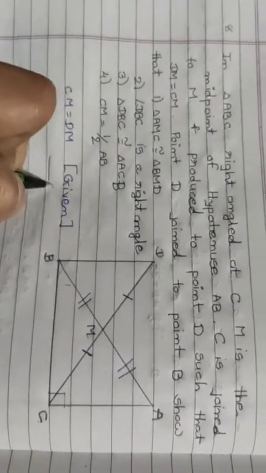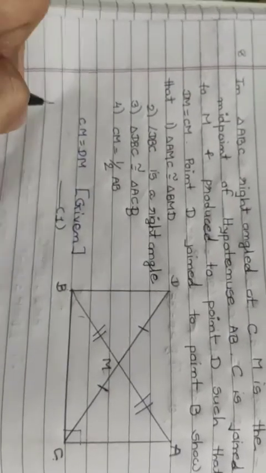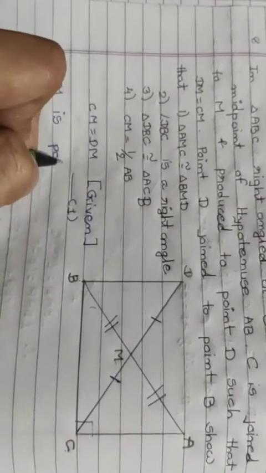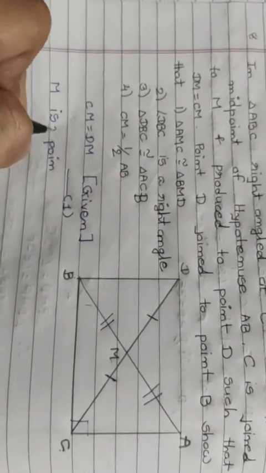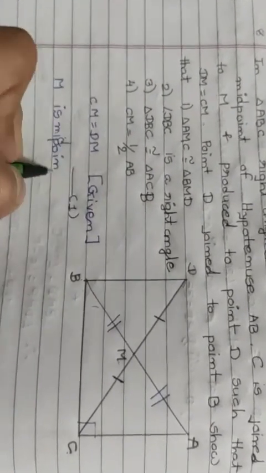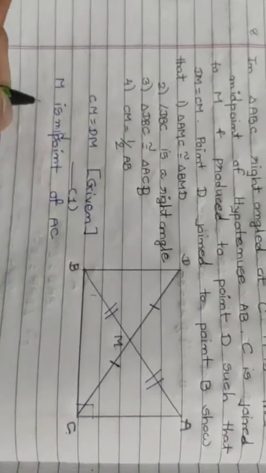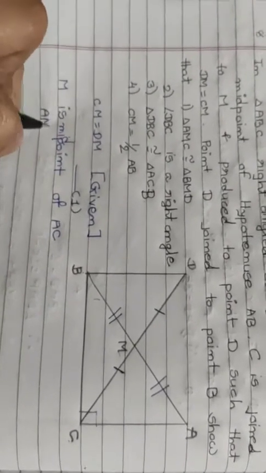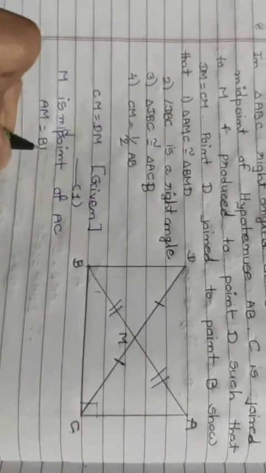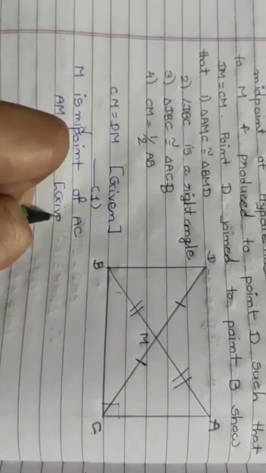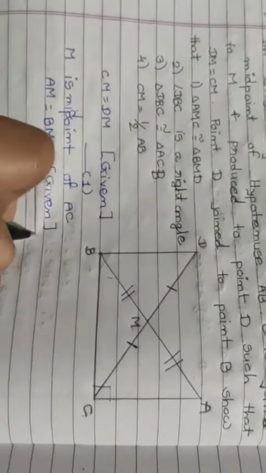That is result number 1, and M is the midpoint of AC, the hypotenuse. That means AM is equal to BM, which is also given, but we will write it as result number 2.